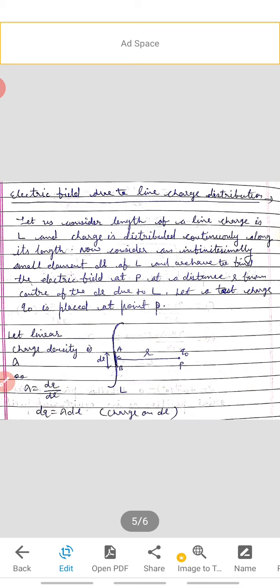Now consider a test charge q naught placed at point P. Now if the linear charge density is lambda, then we can write lambda is equal to dq by dl, and so we get dq is equal to lambda dl, and dq is the charge on the infinitesimally small element dl.